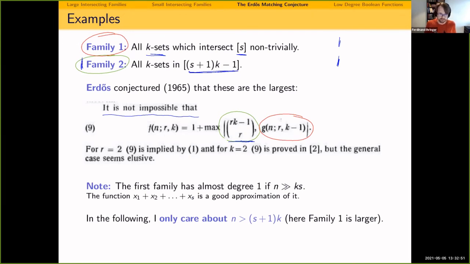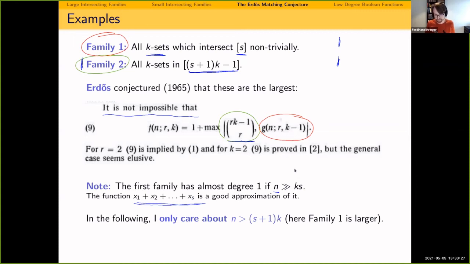And he actually did show it for some cases. Now, this is still connected to all the things I told you before. For example, a relatively reasonable approximation of our first family, which is the only family I will care about in the following, is that we just have the polynomial, which is just the sum of the first s elements. And as soon as n is far enough away from k times s, that's a reasonable approximation. Good. Now, so this is a very natural generalization of Erdős-Ko-Rado.